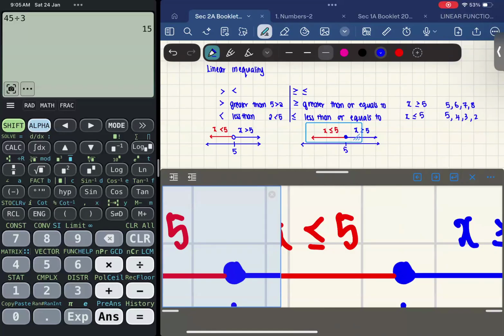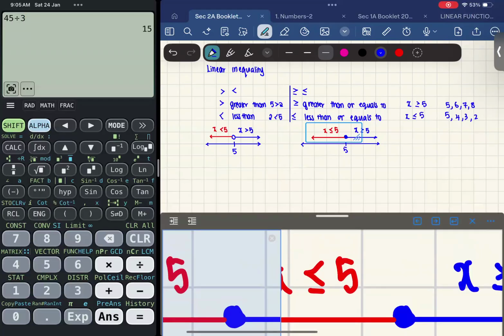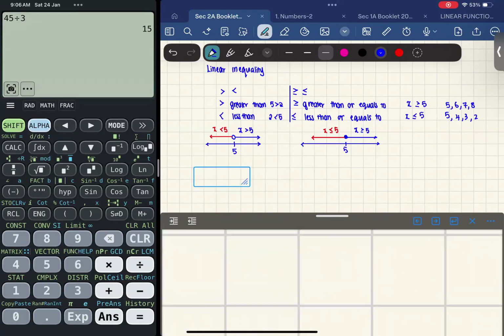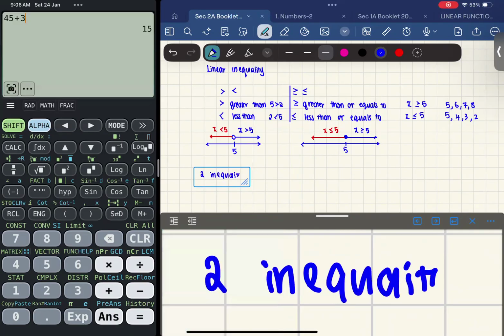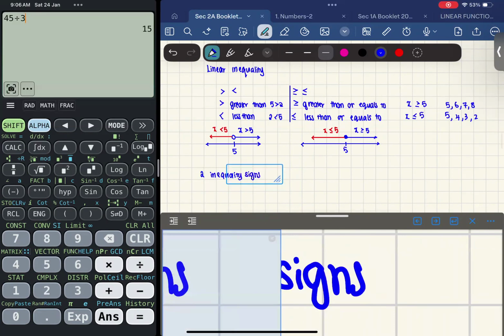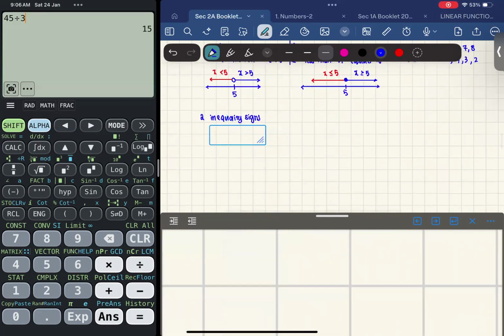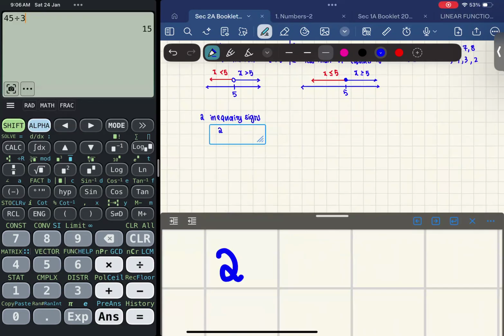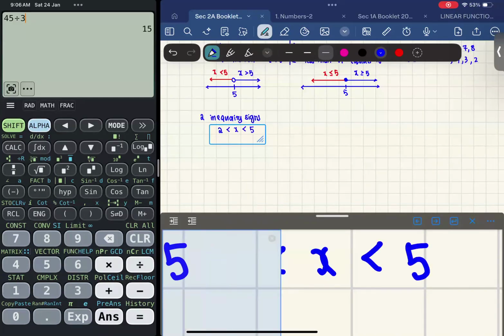Next we learn how to draw a number line with two circles. So I've got two inequality signs. For example, 2 is less than x is less than 5.